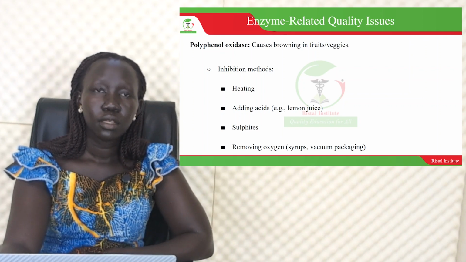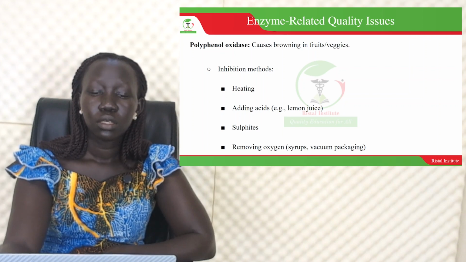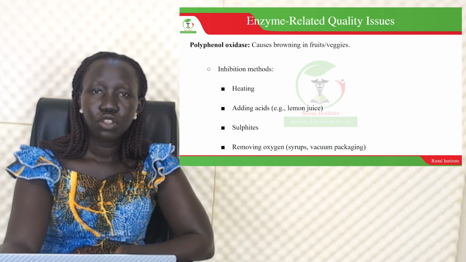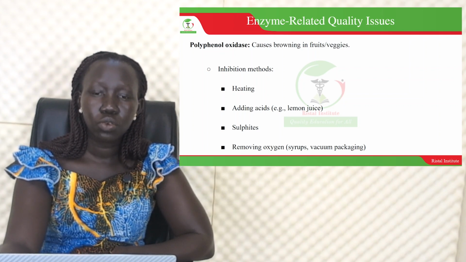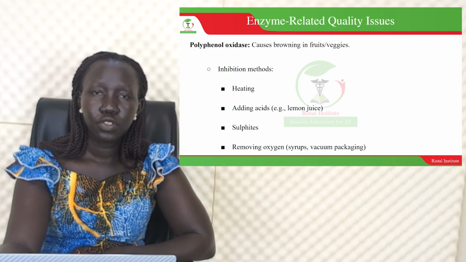By heating, by adding acids such as lemon juice, by adding sulfites, and also by removing oxygen. These are important aspects, especially if you want your fruits to remain fresh and not turn color. You have to apply any of these methods according to what you desire from these fruits and vegetables.